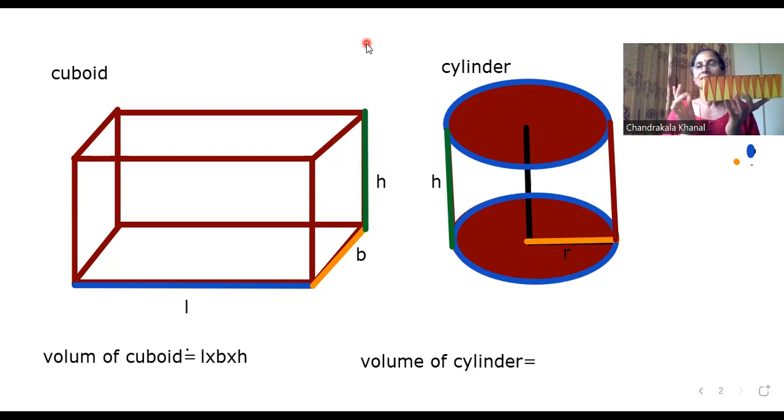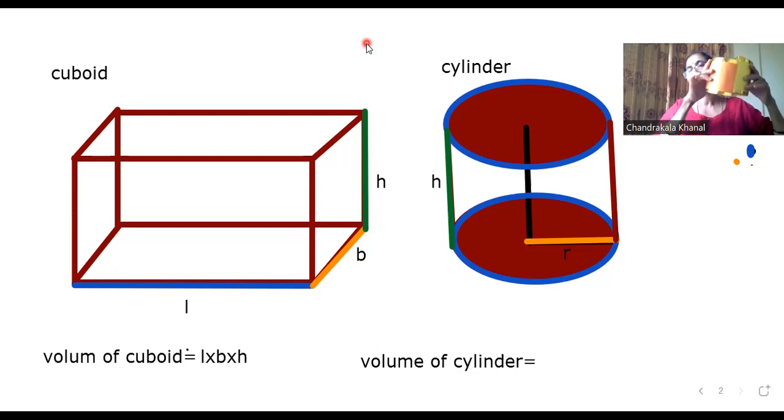When the object changes from one shape to another shape, the volume remains unchanged. When the shape of the object changes, the volume does not change. The volume of this cuboid is the same when we change this into another form, means we can change this in the form of cylinder.